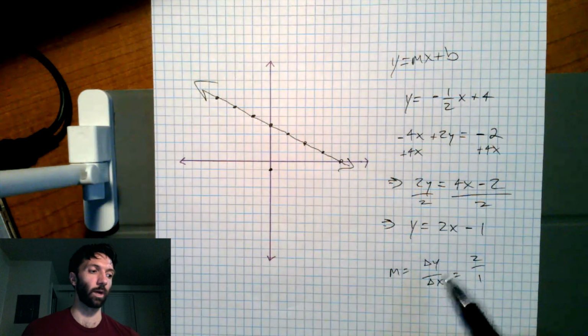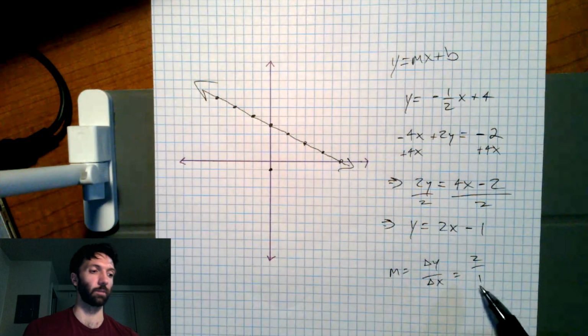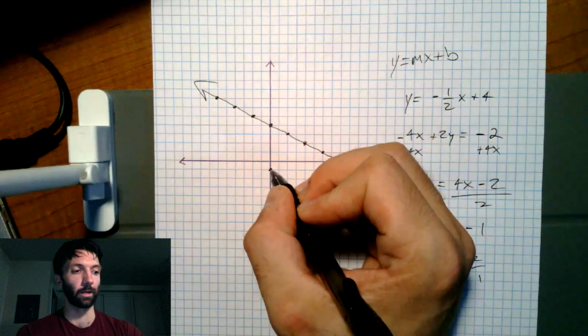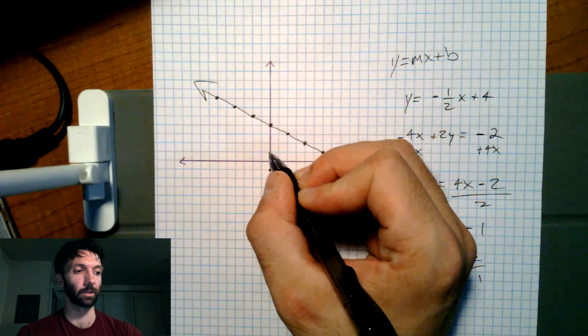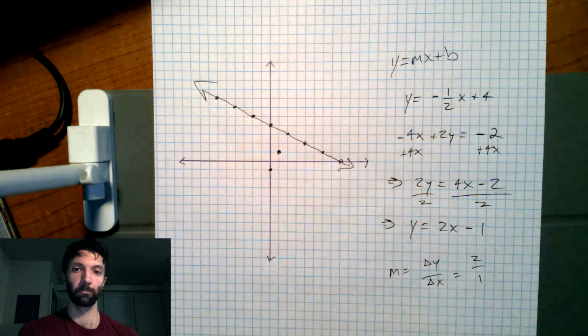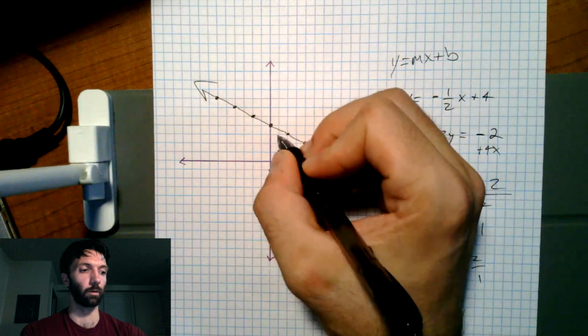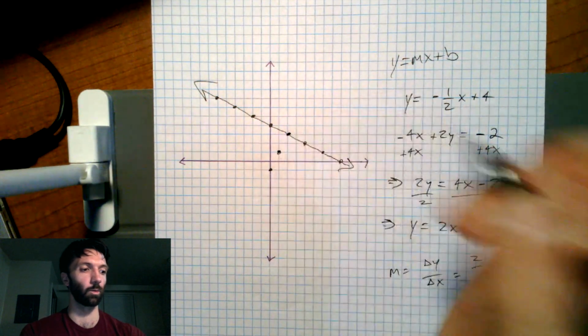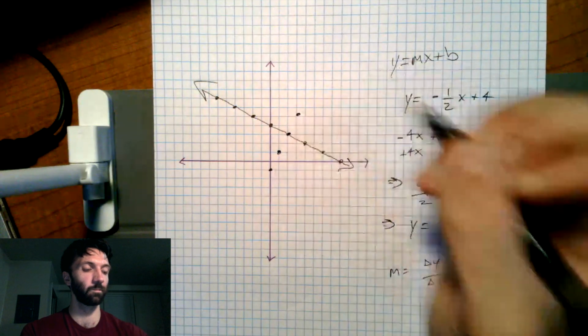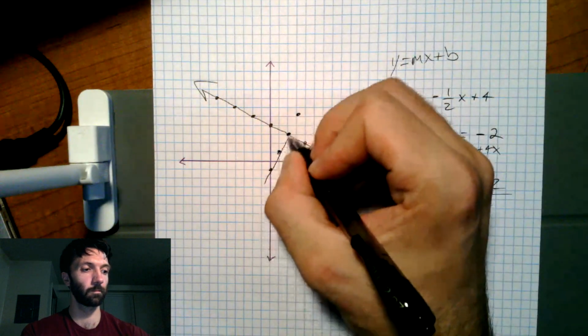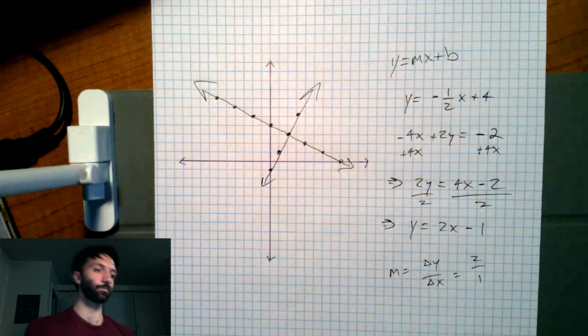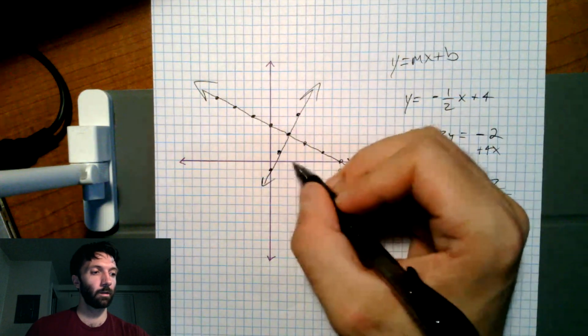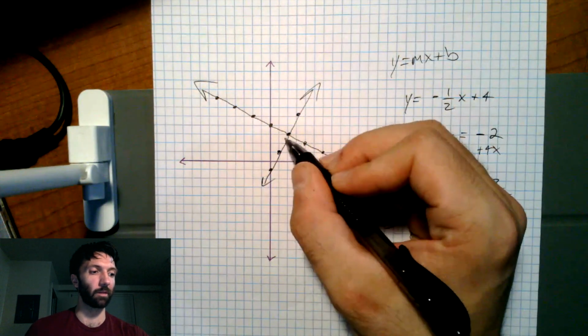So my change in y is going to be 2, my change in x is going to be 1. Okay, and then I can do that over and over again. It looks like that is where we'll be crossing. Okay, so this is (2, 3).